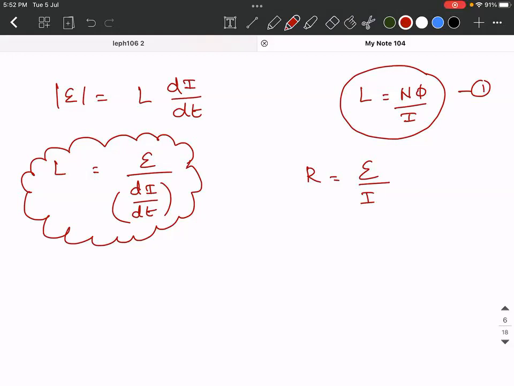If that is the case, then what will be the job of an inductor? Here, if you say R is inversely proportional to I, here what is inductor proportional to?